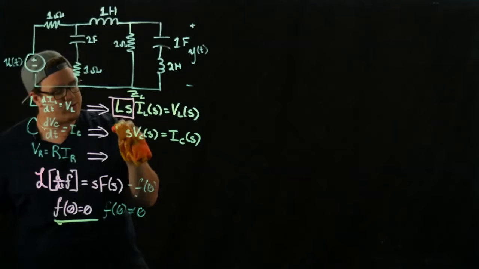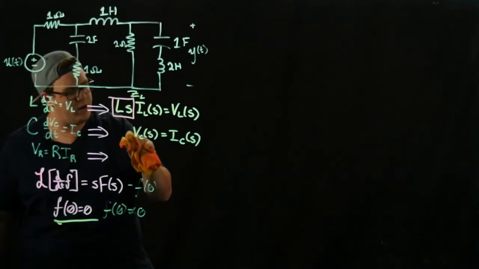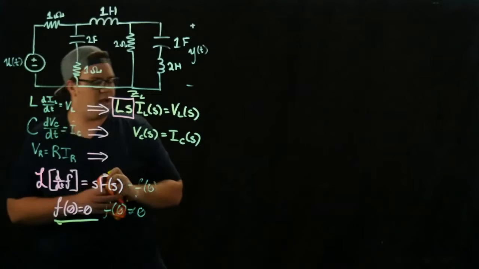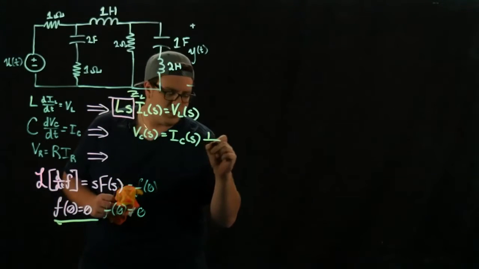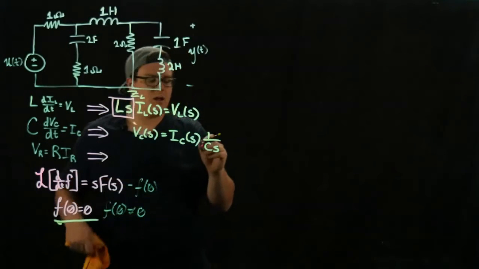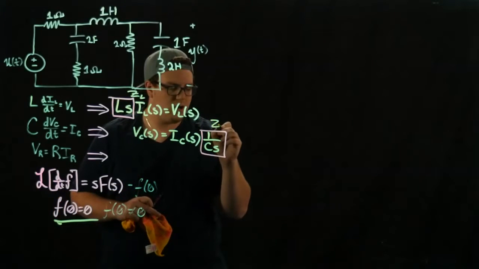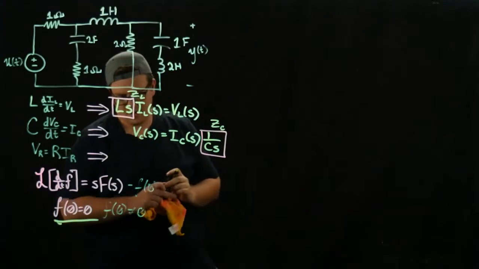So we want to divide over so that we have everything in the same form, relating current to voltage by a multiplication. So we get 1 over Cs, and we call that our impedance for a capacitor, Z_C.